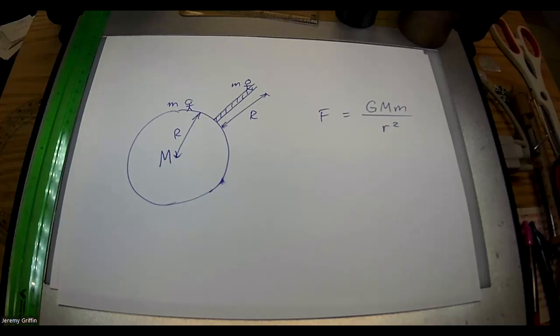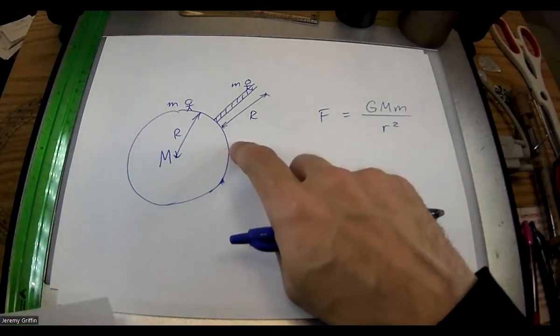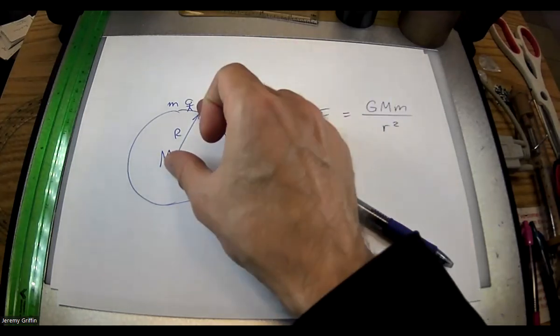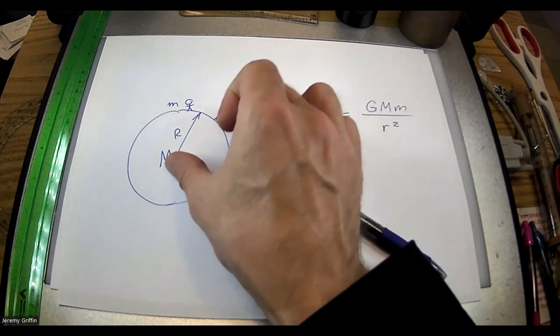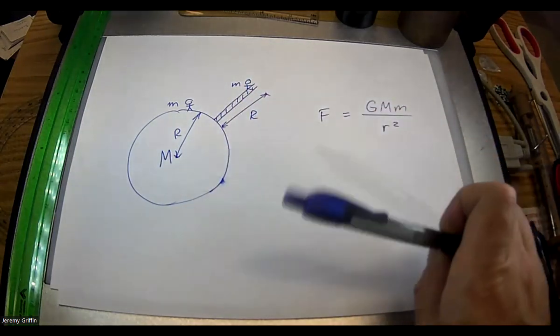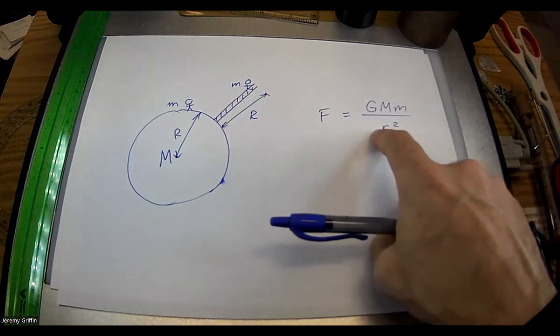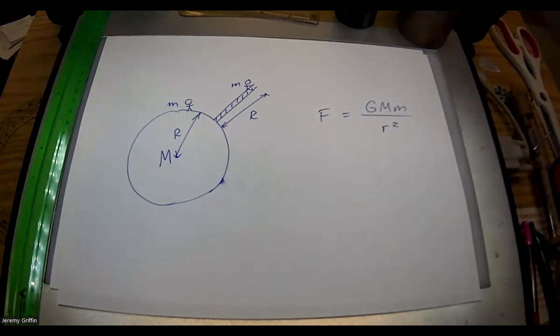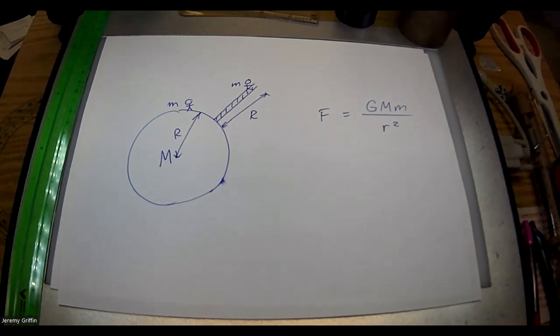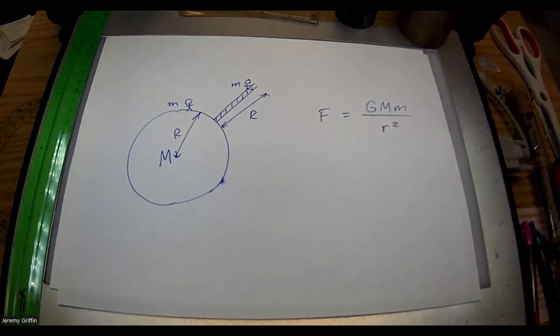Okay. Here, let me flip over so you guys can see this picture. So if you go from here to here, see how you're doubling your distance from the center of the Earth? So if you double this R, right? Anyway. Okay.